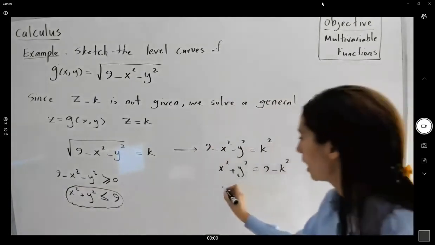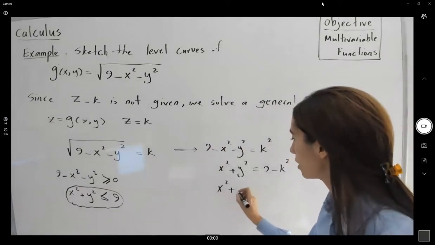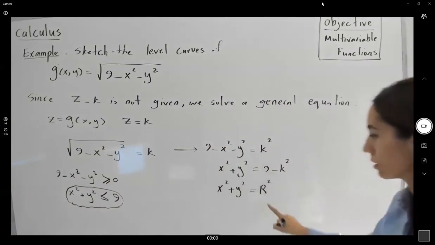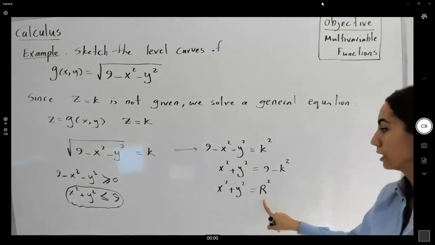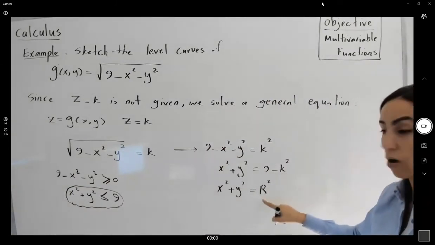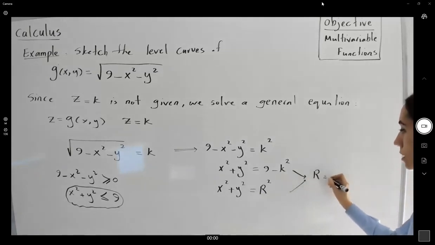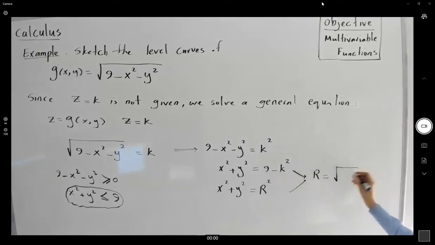What do I have? I have x squared plus y squared equals r squared, the radius squared. So this is equal to r squared. It means that the radius is equal to the square root of 9 minus k squared. What's the meaning of that?